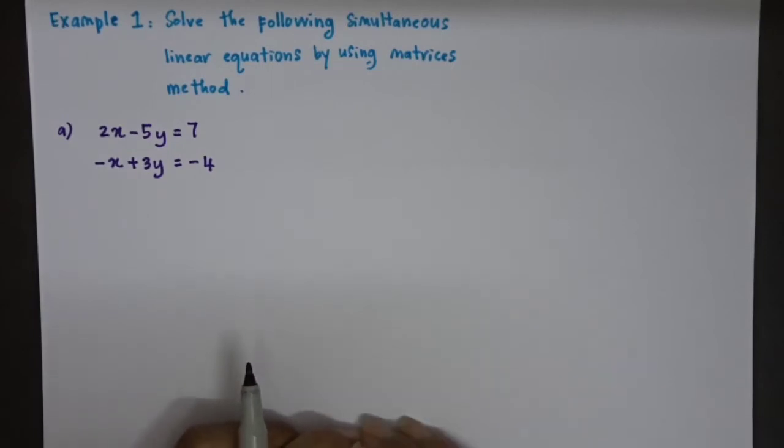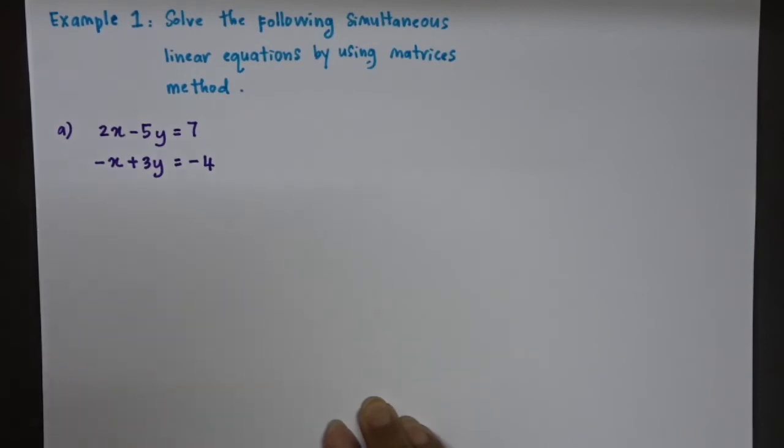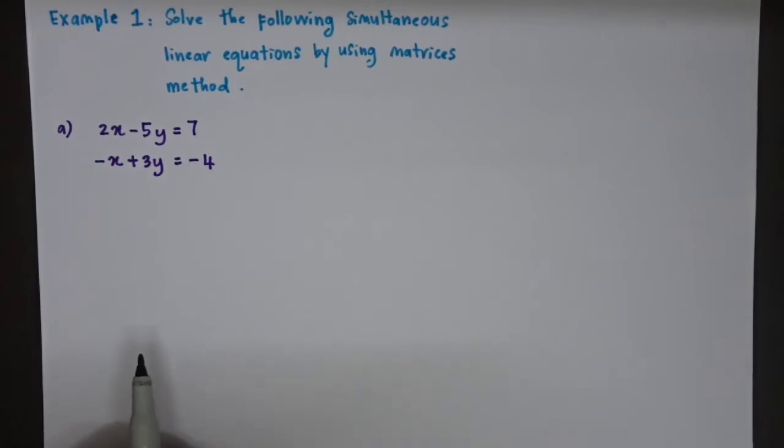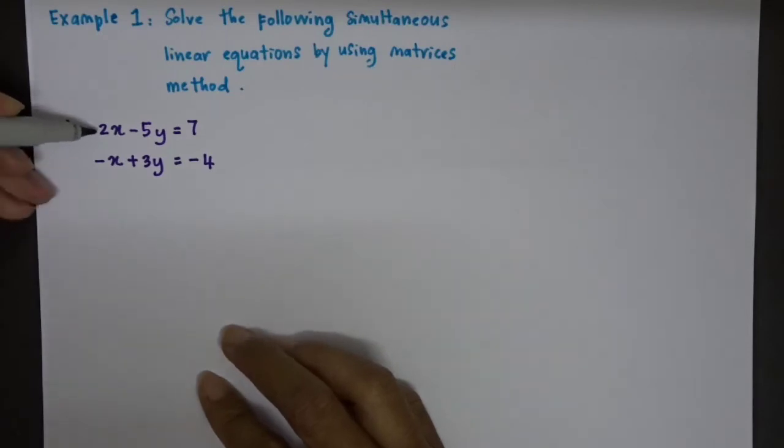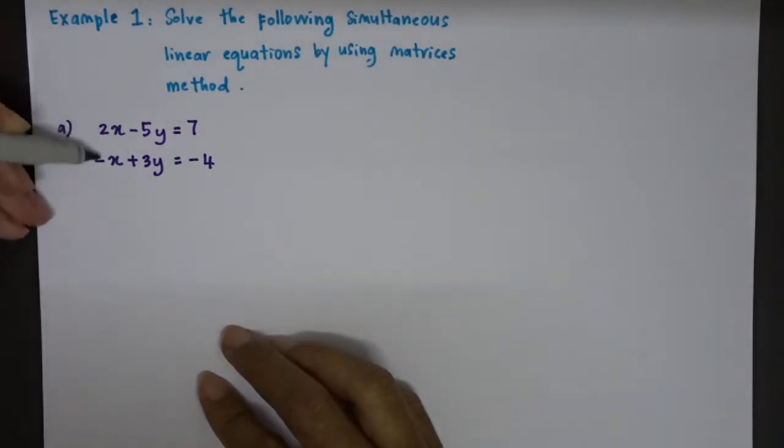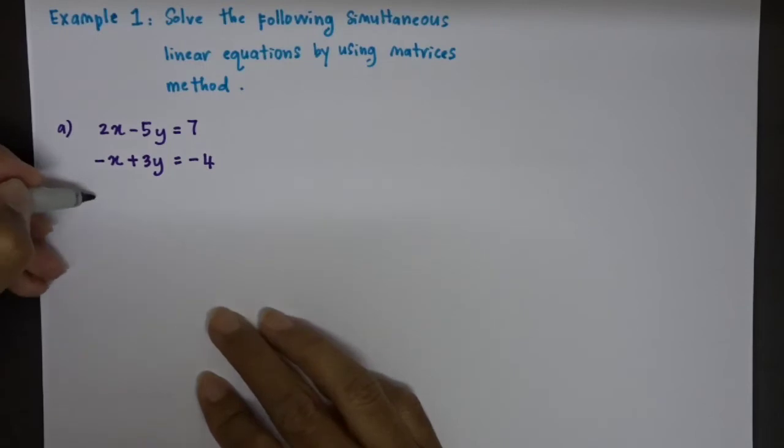Solve the following simultaneous linear equations by using the matrices method. So I have two linear equations in two variables, 2x minus 5y equals 7, and the other one is negative x plus 3y equals negative 4. So first, what should you do? First, you have to write these two equations in matrix form.